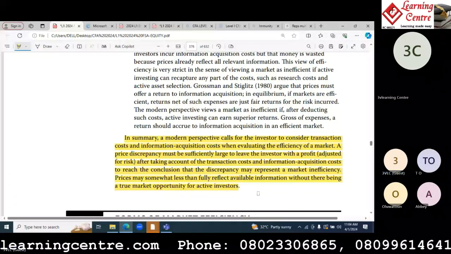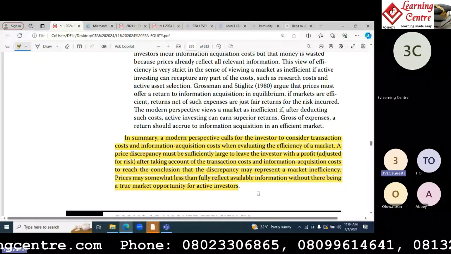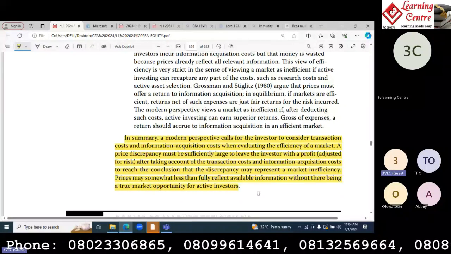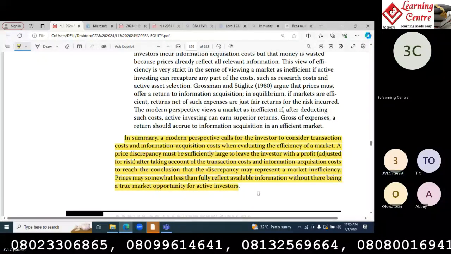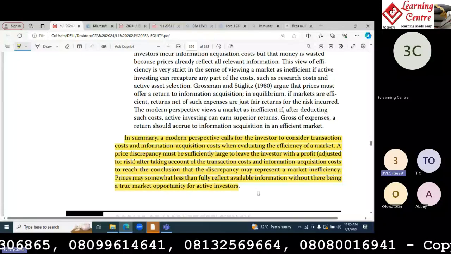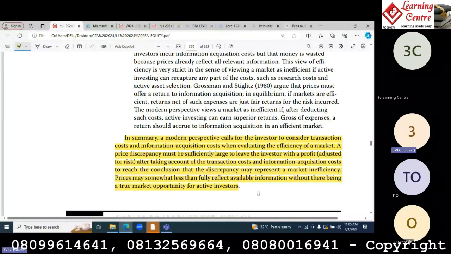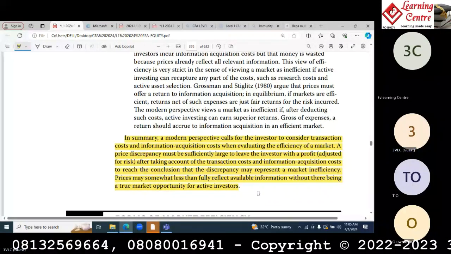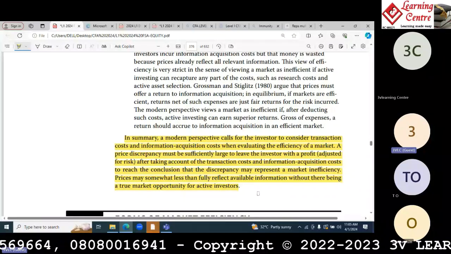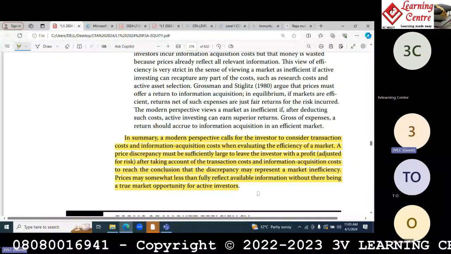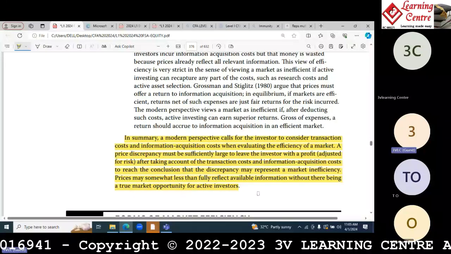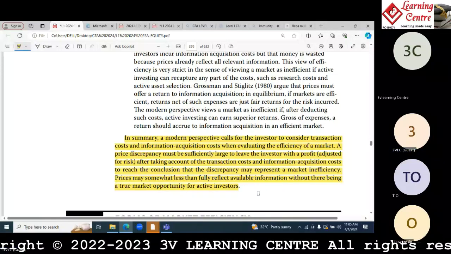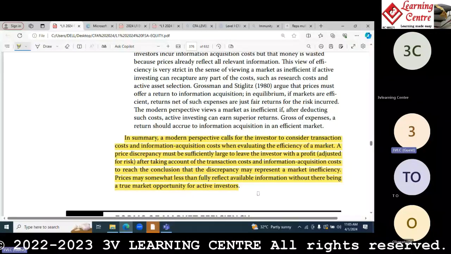What do they mean here? A stock or an asset might be mispriced. And the reason why that asset is mispriced is because transaction costs and information costs are high. So everybody has that information, but nobody is taking advantage of it, because by the time they look at the price, the profit they are going to make from taking on that investment, and the cost that they would incur to get the available information, they do what?